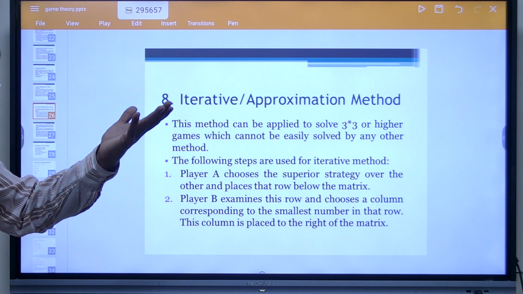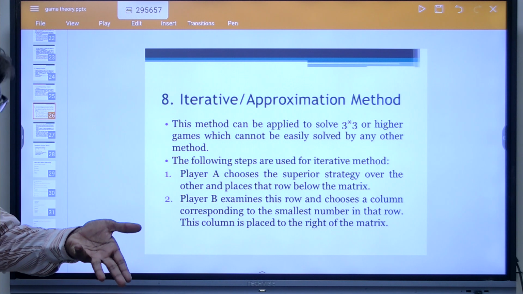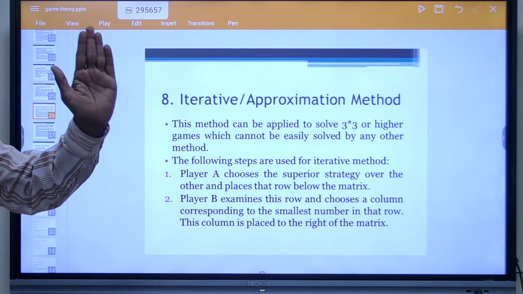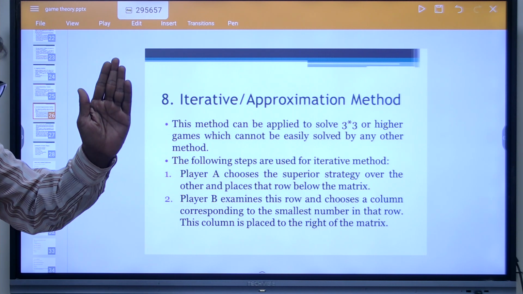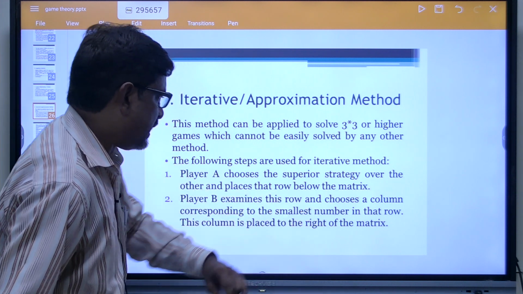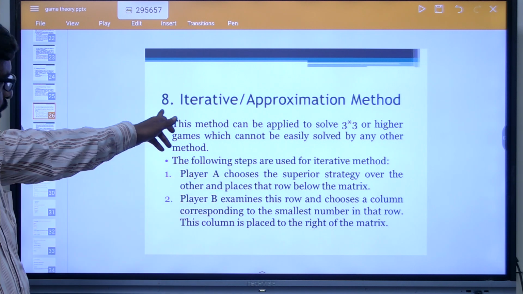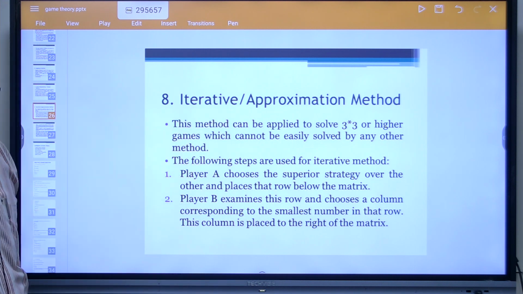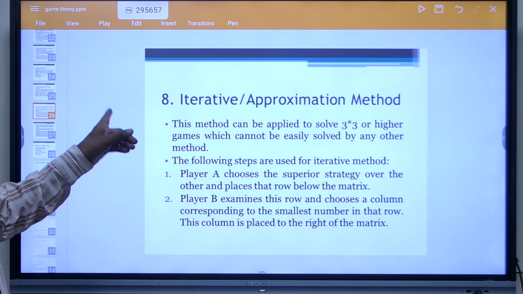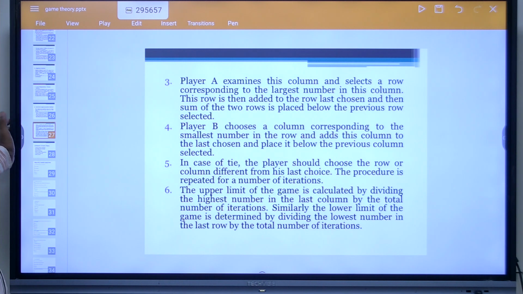The higher row will be on the upper side and the lower on the lower side. Then looking at the losses, left side and right movements, player B examines this row and chooses a column corresponding to the smallest number in that row. Likewise, we will adopt the iterative method to solve the game theory. This is a method we will discuss later on.